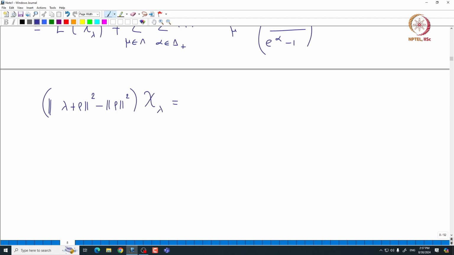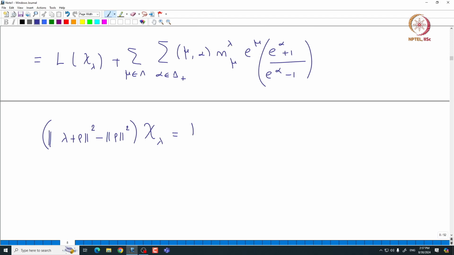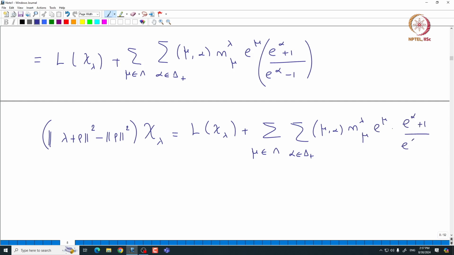This is the left hand term. The right hand term is exactly L of chi lambda plus the summation mu in lambda, summation alpha in delta plus, mu alpha m lambda mu e power mu times e power alpha plus 1 divided by e power alpha minus 1. So, this is what we get.